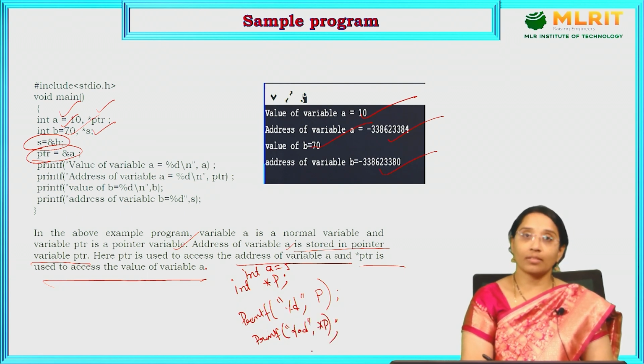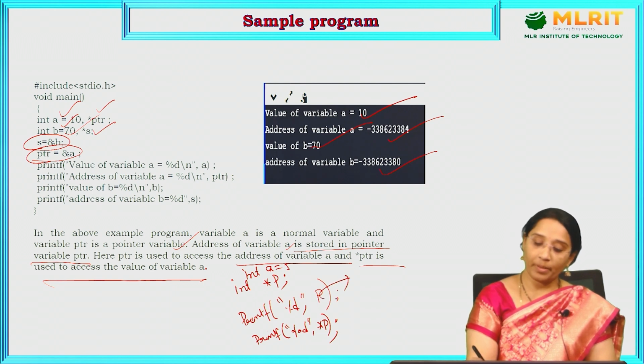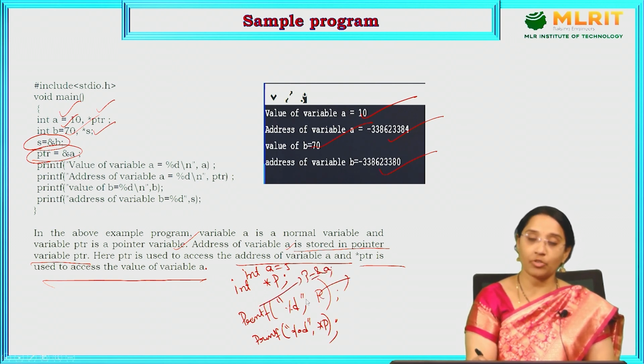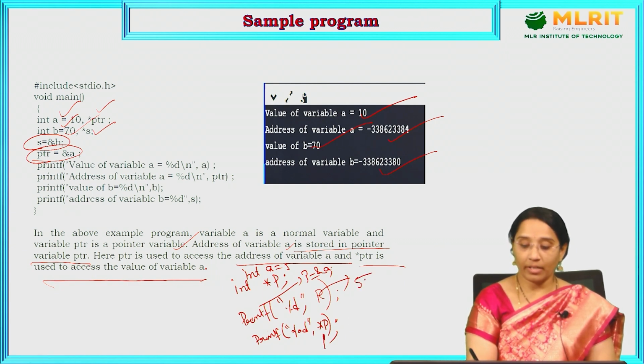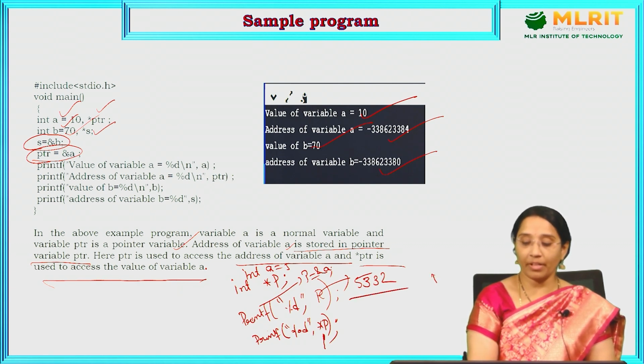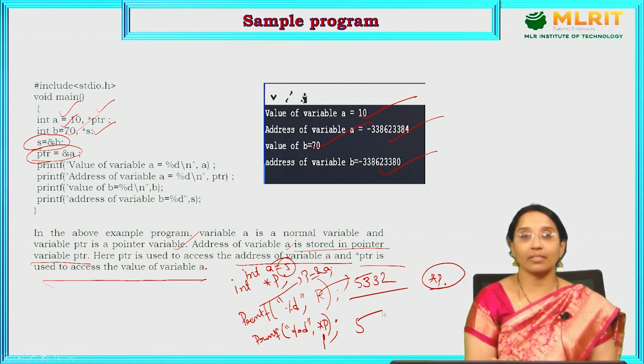In both cases, what output will we get? Suppose we write P is equal to address of A. In the first case, you will get some address, and in the second case, you can retrieve the value. So *P will give you the value of the pointer variable. Here you will get the answer as 5.